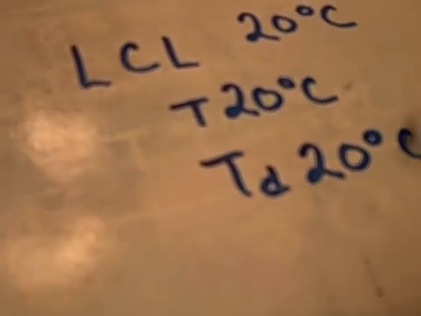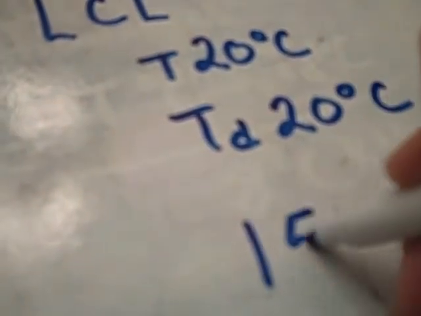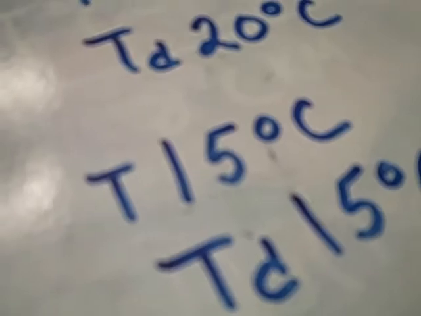So the next 1,000 meters up from my lifting condensation level would be 15 degrees C for my standard temperature, and my dew point temperature is also 15 degrees C.